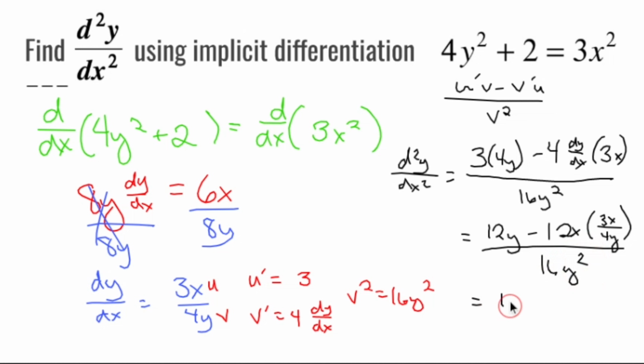So I have 12y minus, let me see, 12x times 3x makes 36x squared over 4y. So that is 9x squared over y, all of that over 16y squared.